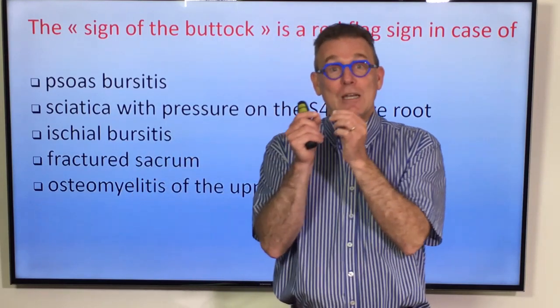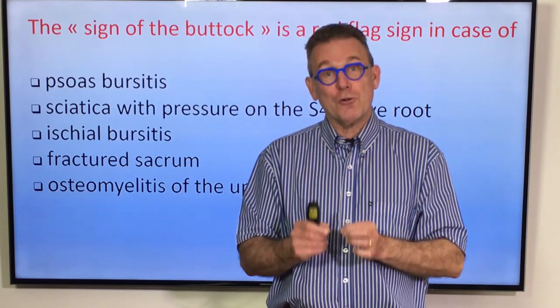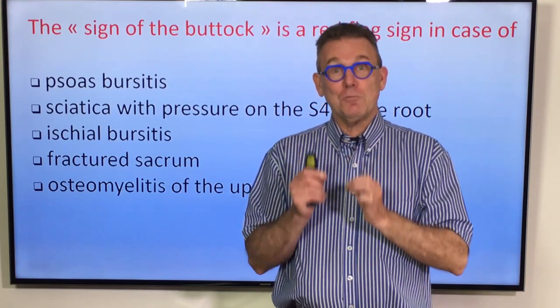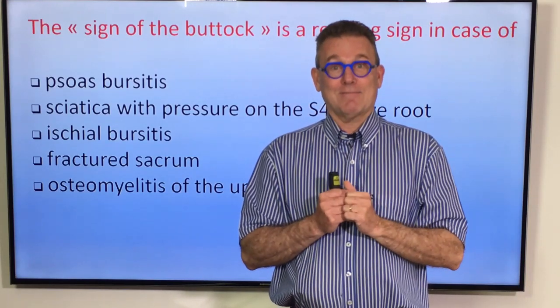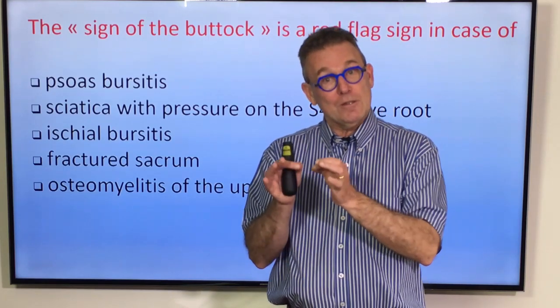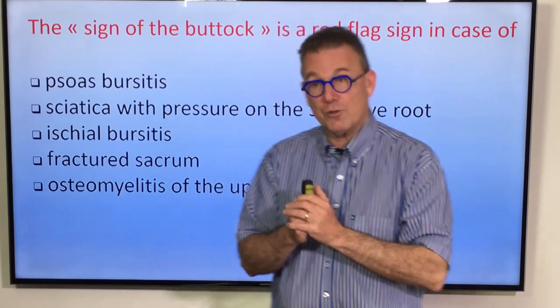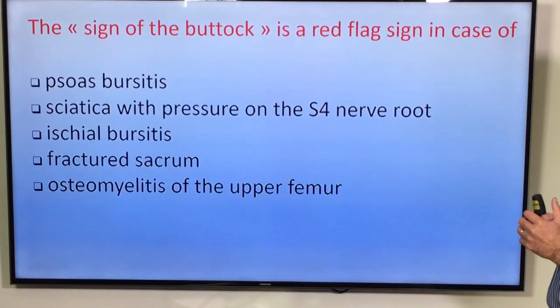So it was important when you do a lumbar examination that you always perform a passive hip flexion immediately after straight leg raise. Otherwise you don't discover that. So hip flexion, more painful, limited than straight leg raise. If this is the case, what do you think of? Pick a choice.